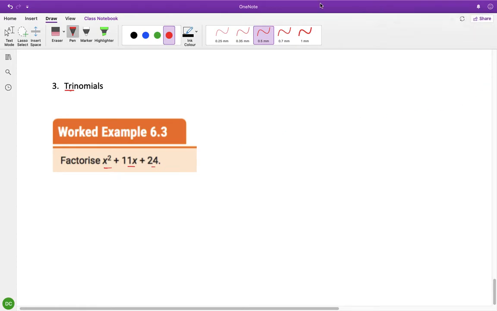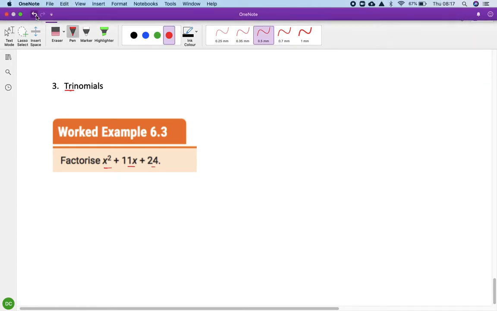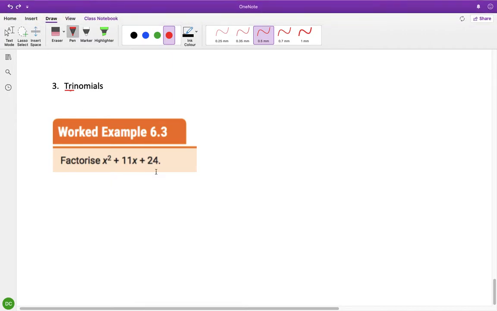In my experience, it is the easiest one to recognise, to the point where everybody forgets the other ones, which is why I was saying you have to remember that there are 3, kind of 4. Everybody remembers trinomials and forgets the other 2. So how do you recognise them?